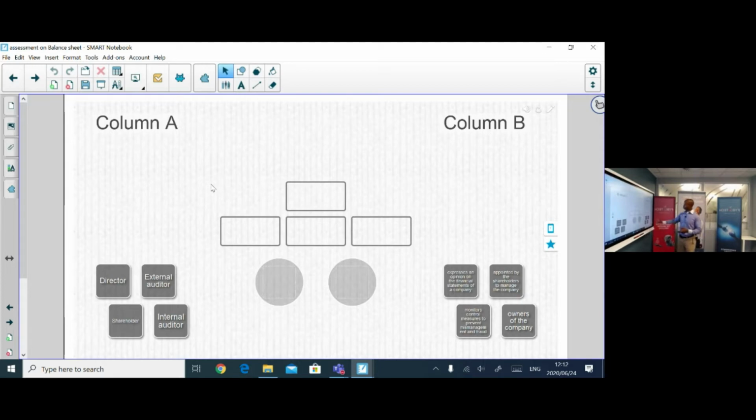So match the two, this side and that side, before we move to another question which we'll be doing together.